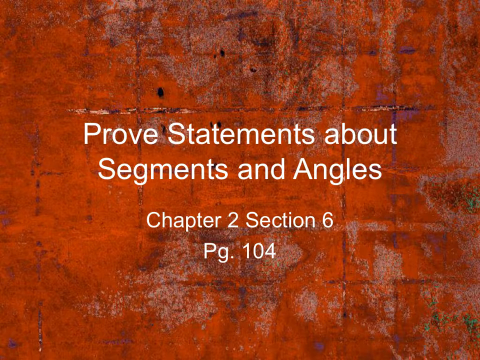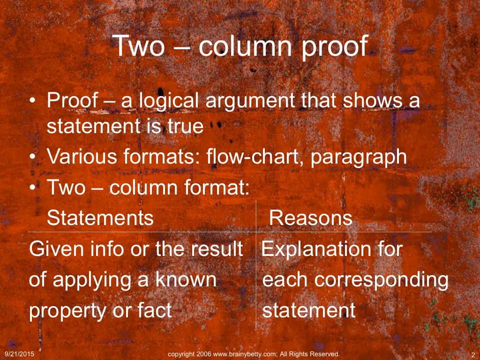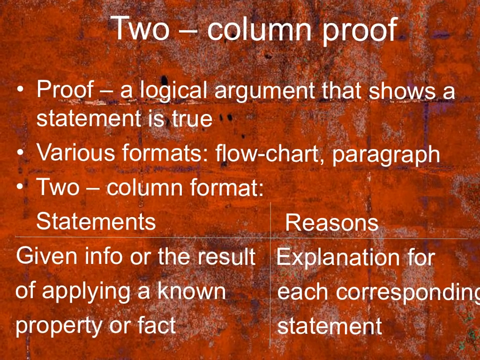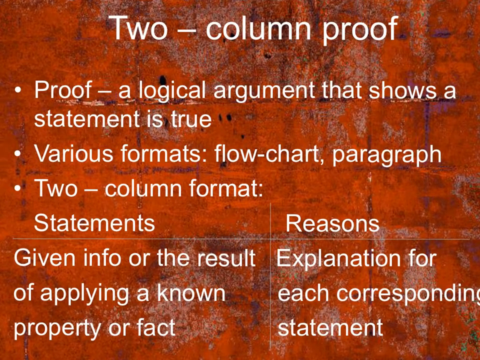So a proof, or a 2-column proof, is a logical argument that shows a statement is true. It has various formats: a flow chart where you're drawing little circles with information and arrows pointing to the other one, a paragraph in which you're just describing it with your own words, and the one we're going to use the most, a 2-column format.